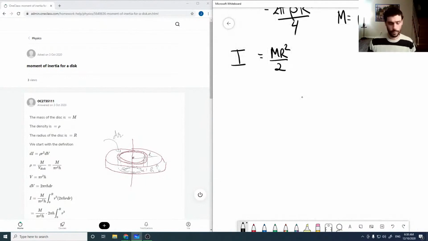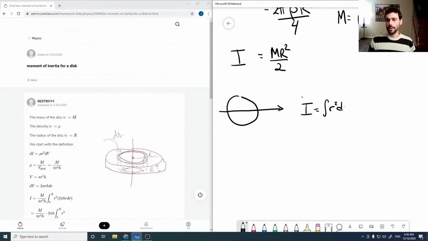Now I'm just going to expand this by also doing it for an axis which passes through the center but lies in the plane of the disk. So again, it'll be the integral of r squared dm, but now our mass segments are a little trickier.